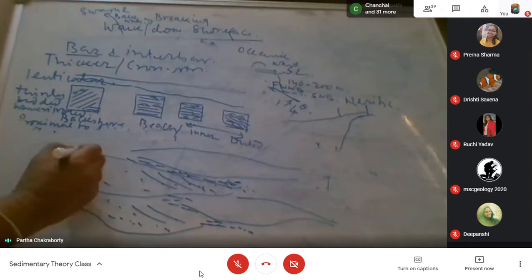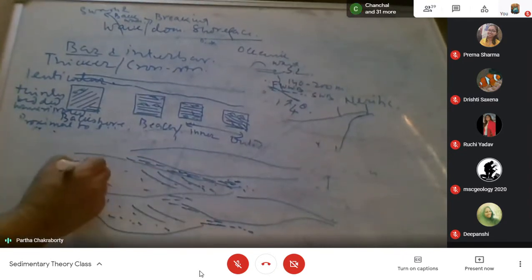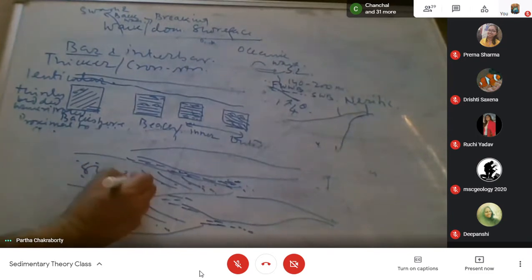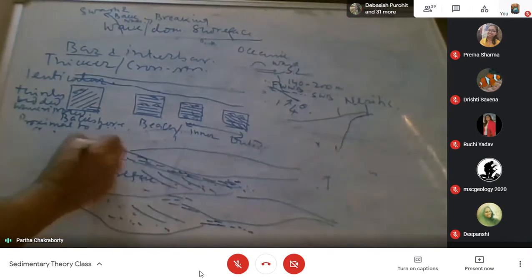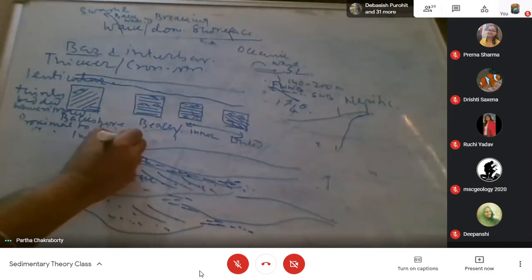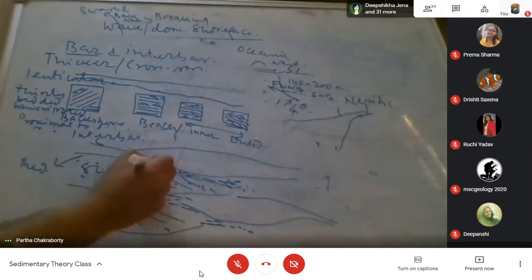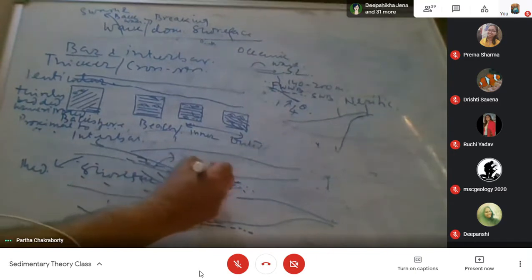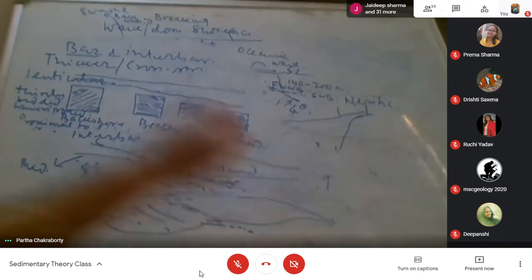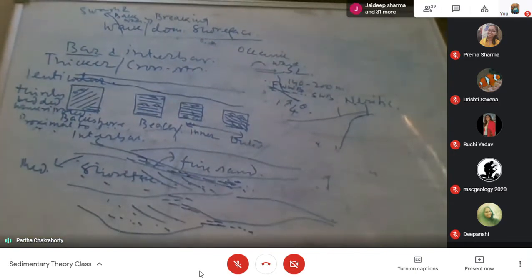You see these lenticular geometry cross-stratified. These may be the shore face bars, and these are the interbar. This may be the medium sand, but this may be fine sand. These are the shore face bar interbar sequences that we get.